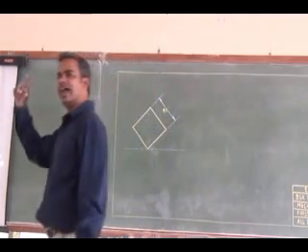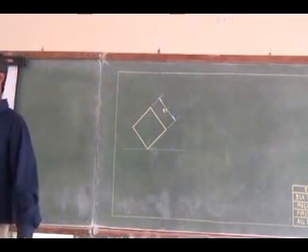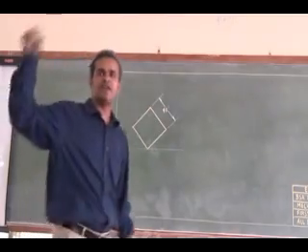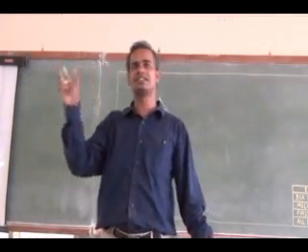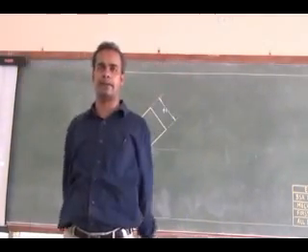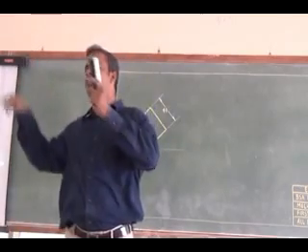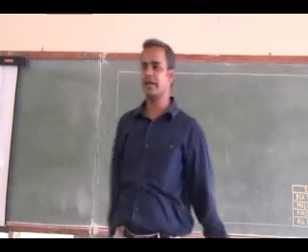Subdivision 2, a side of the pentagon is vertical. So I have 5 sides in my pentagon. In that, if one side is horizontal, how will the pentagon be? If one side is vertical, how will the pentagon be? Right? So the 2 pentagons you have to draw.